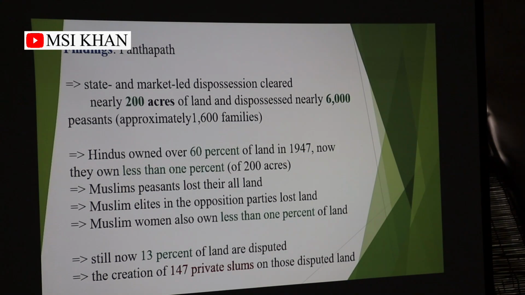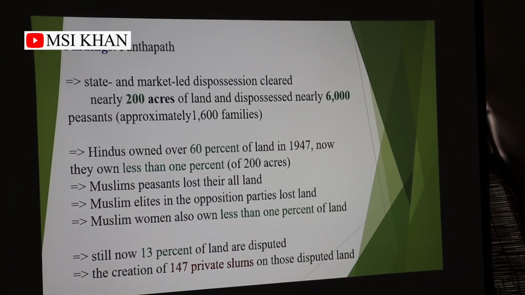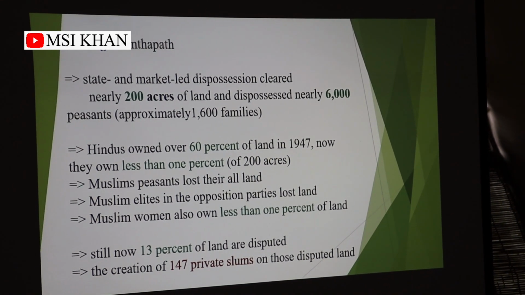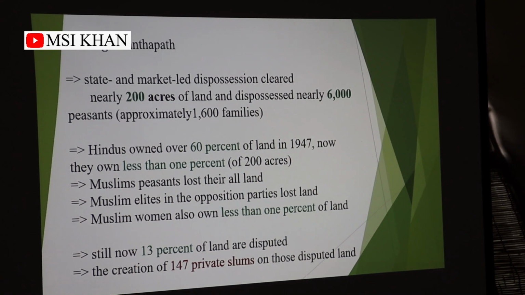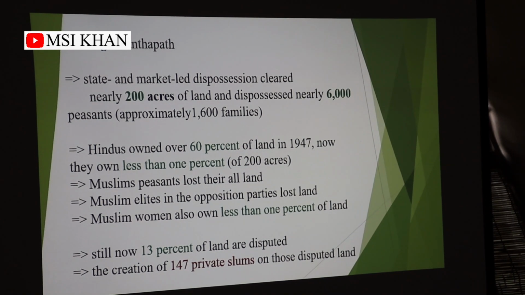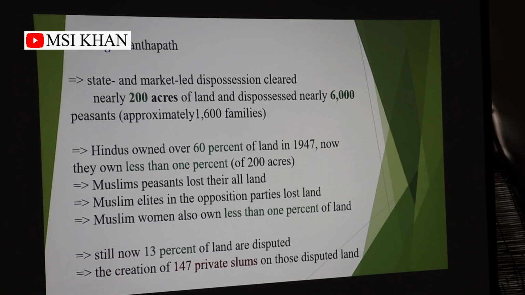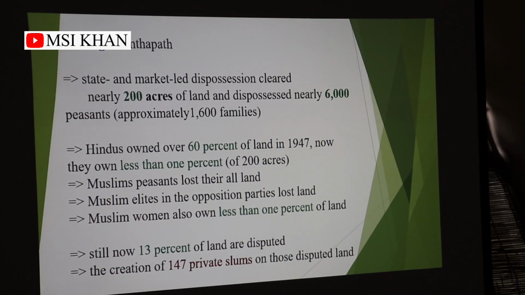Still now, 30% of land, and most of this land is occupied by illegal slums because the real estate owners are not taking that land because of the legal dispute. So now we can see slums exist within this development. So there is another private informal capitalist sector, a vibrant informal capitalist sector.